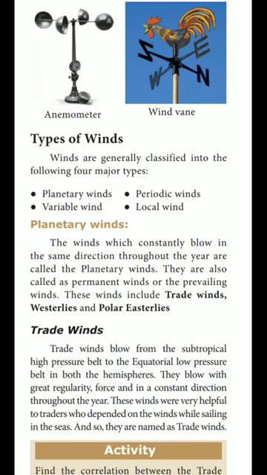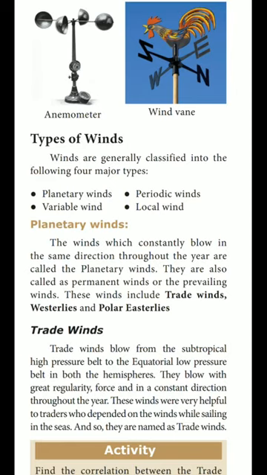What do you know about this trade winds? Trade winds blow from the subtropical high pressure belt to the equatorial low pressure belt in both the hemisphere. What do you mean by hemisphere? That is the northern hemisphere and the southern hemisphere, isn't it? There is another small question also.